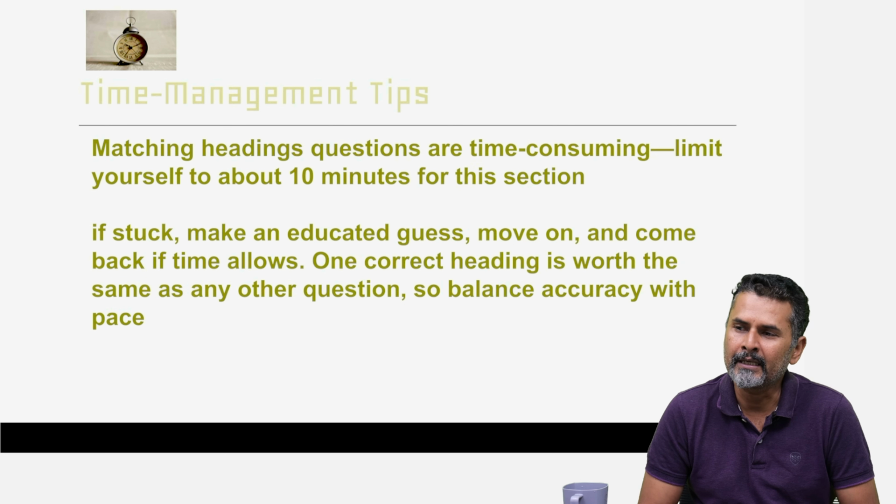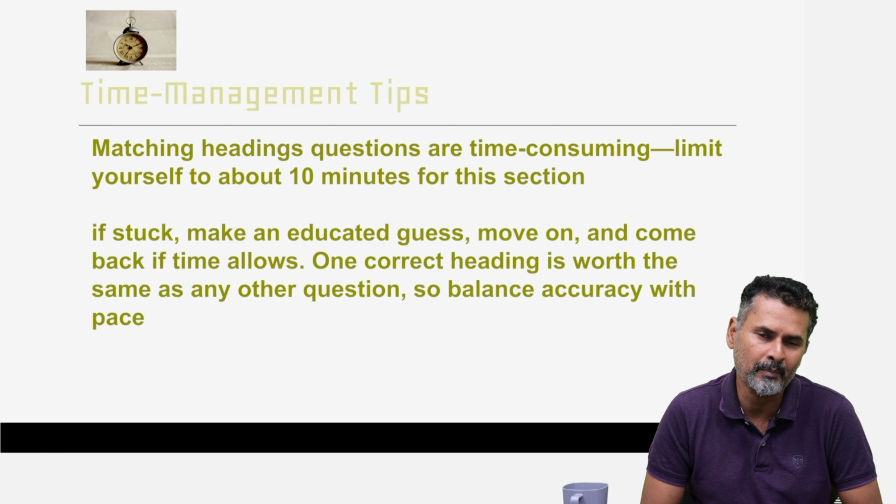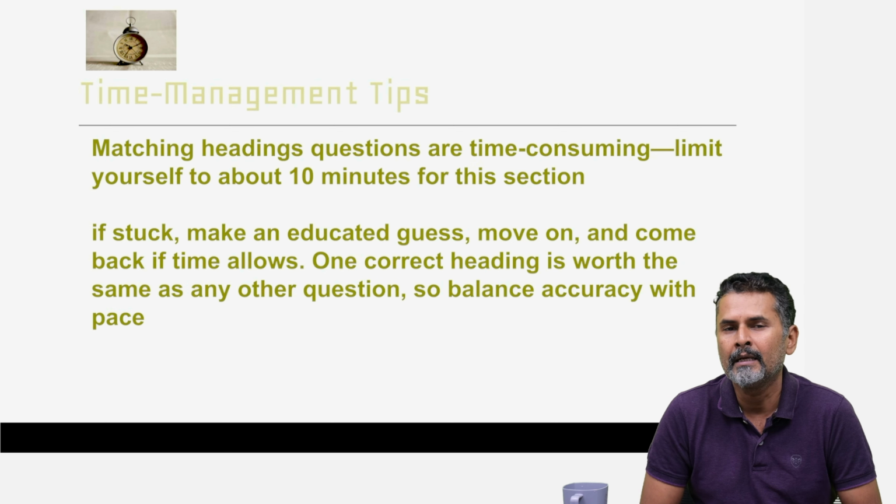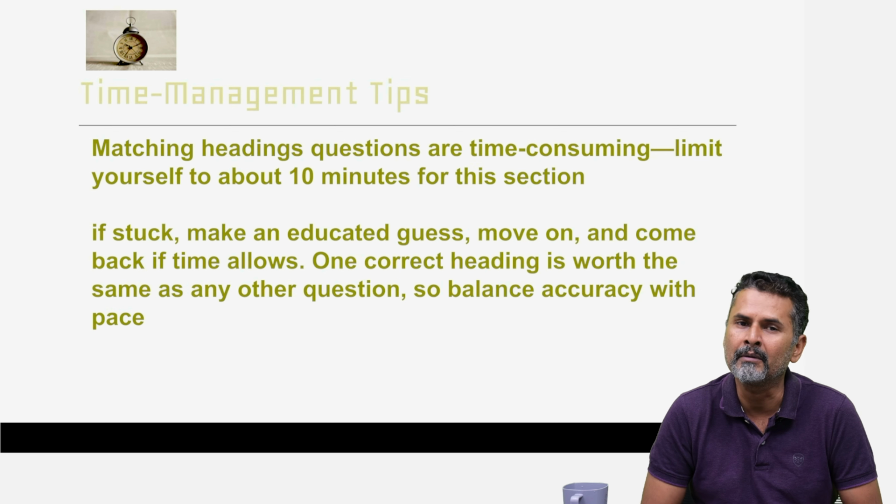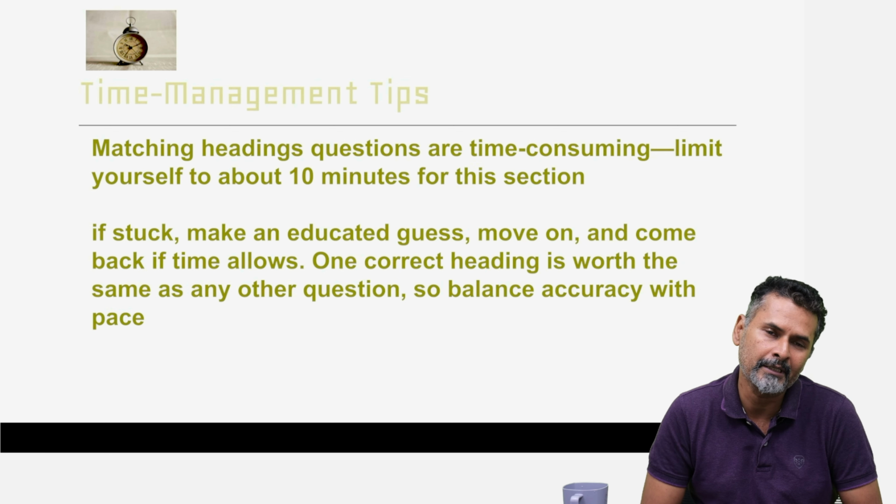So let me remind you again. The first thing that you've got to do with headings is go through each of them and try to figure out their meanings while underlining the keywords. Then at the same time try to paraphrase them so that you get a clearer picture as to what it means. And sometimes what you paraphrase might be identical to what's given in the list of headings, or might be very similar.